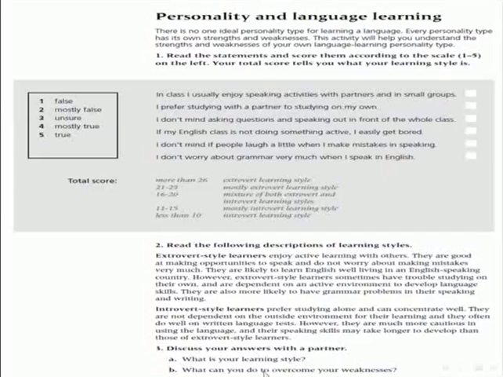B. What can you do to overcome your weakness or weaknesses? What things do you do? You listen or you watch videos, you take more books at home, you go to the internet, you improve your English by listening to songs and so on. How to improve?